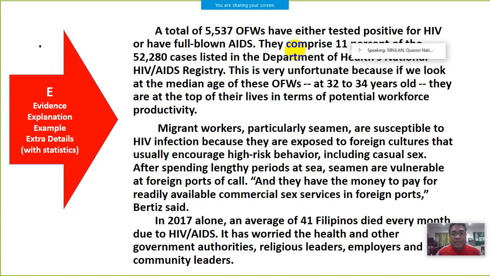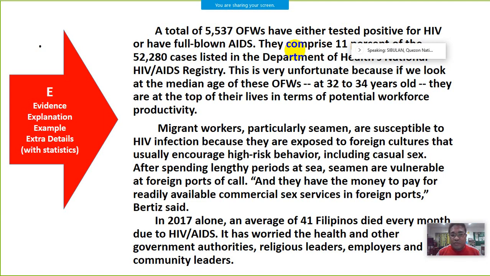Okay, next paragraph. So we have, from the OFWs, again, the writer makes use of deductive method, from the general, from the group of OFWs, the seamen are pointed out.